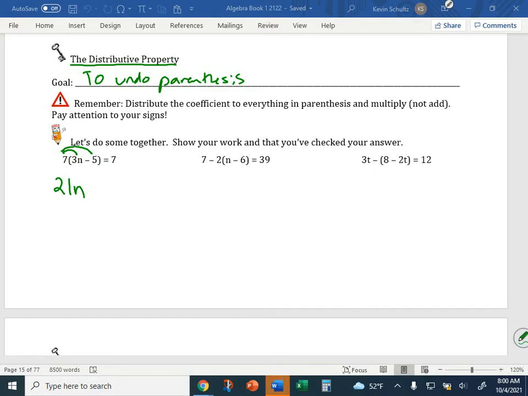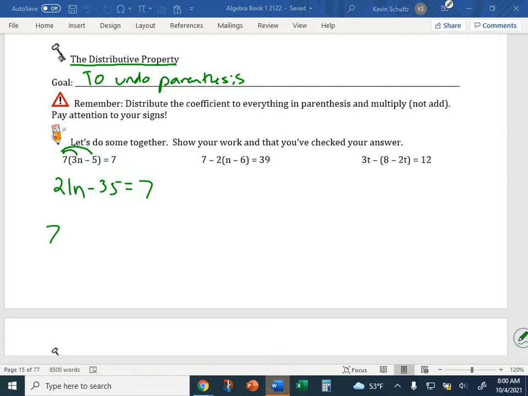And we have 7 groups of -5, which would be -35. 7 times -5. And that gives us 21n minus 35 equals 7. It's a two-step equation, and we're off. Okay, you'd solve it from here, right?